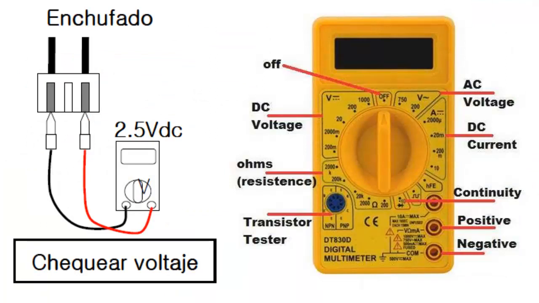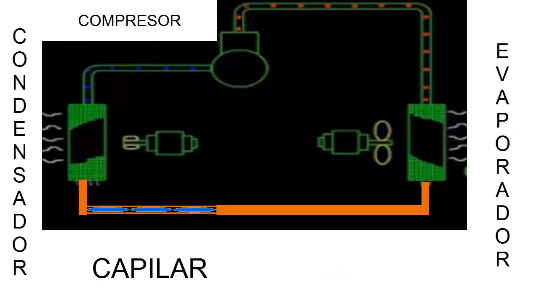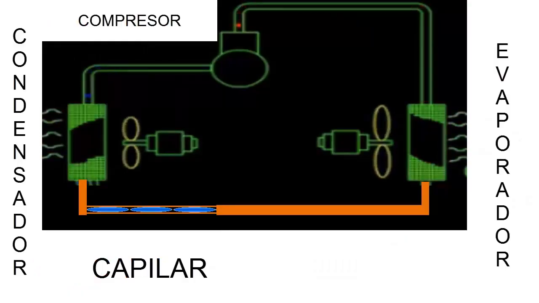We can use a kind of tips or needles and measure the voltage with the multimeter. The multimeter can be placed on the scale of 20 volts of direct current, DC, and the value that we are going to read is about 2.5 volts. These would be the steps to diagnose the sensors.